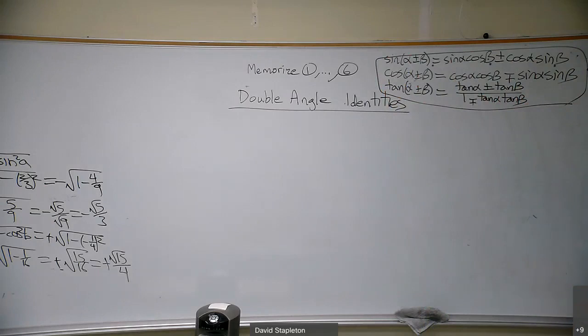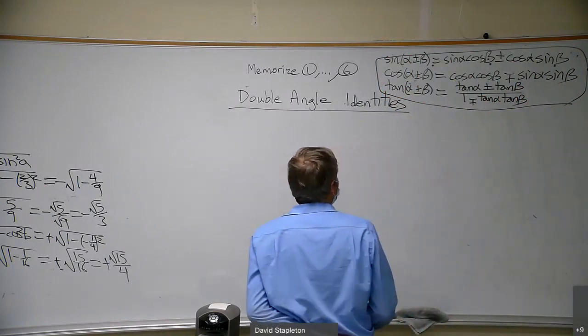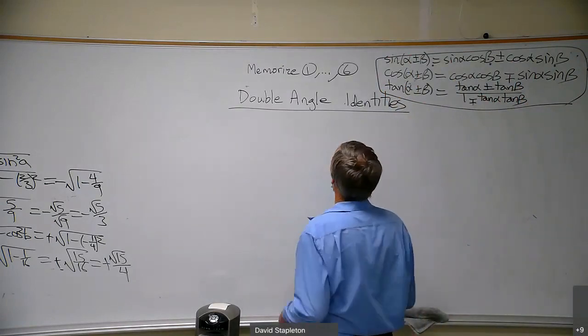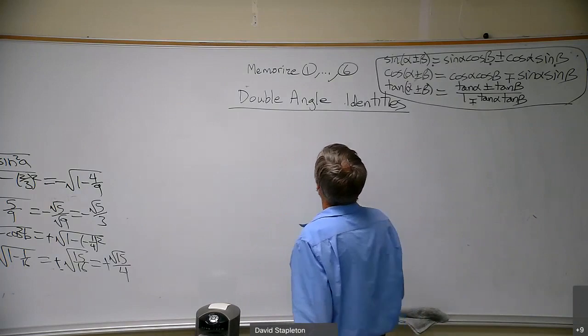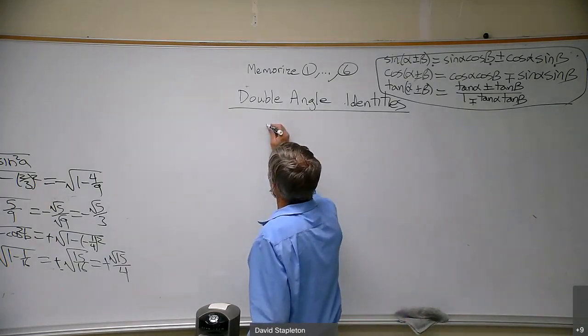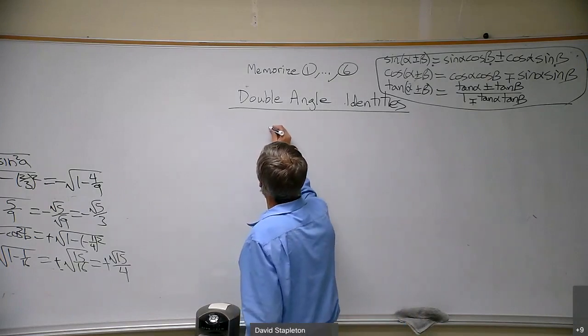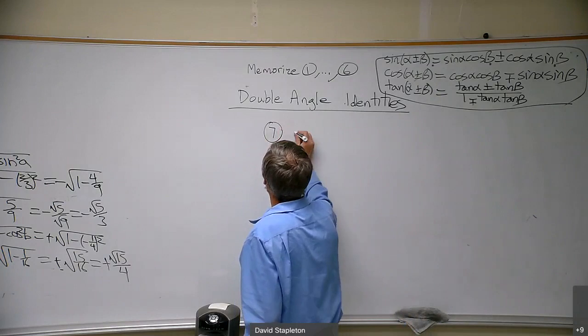Moreover, we can use those to prove some more that are used quite frequently in mathematics, called double angle identities. And so this will be an illustration of some of the proofs that also derive some more identities you want to memorize. And the first one, I bet you can see these proofs immediately, is this. Let's call it equation 7.